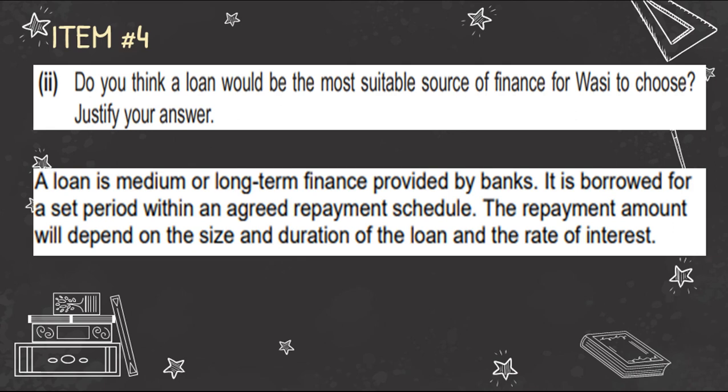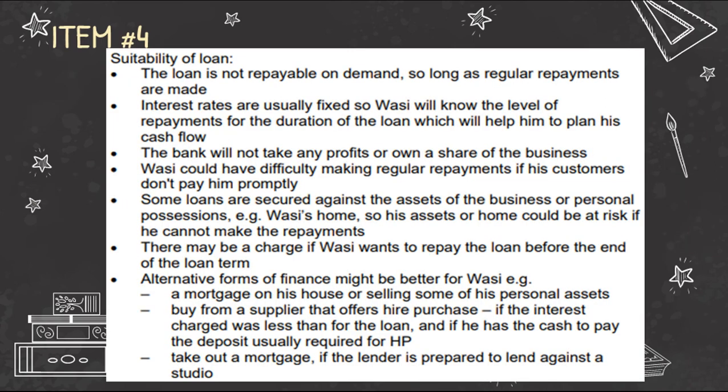Give the characteristics or describe the loan itself. And of course, your second paragraph is the gist. Do you think that the loan would be the best source of finance for Wasi? Why is he going to use the loan? You can say that the loan is not repayable on demand, so long as regular repayments are made.